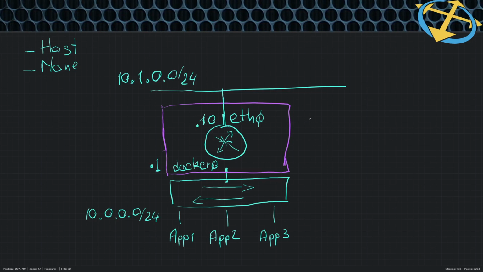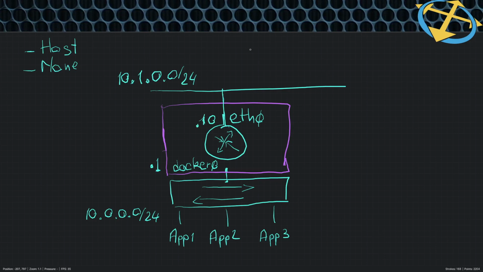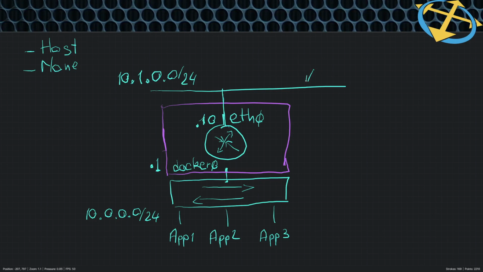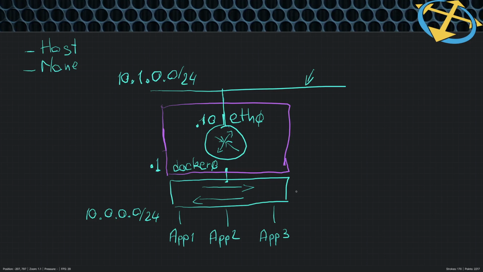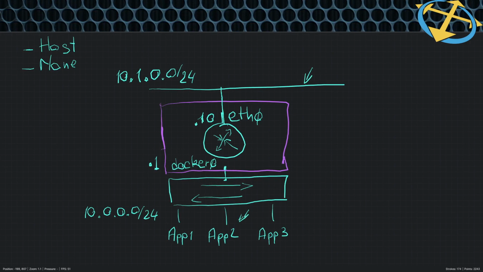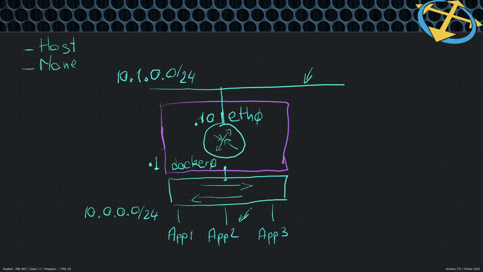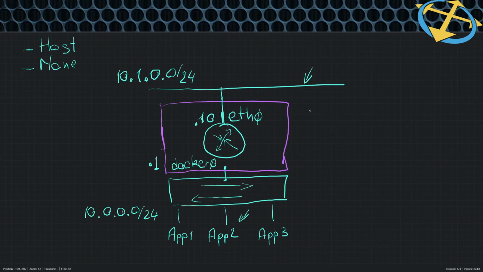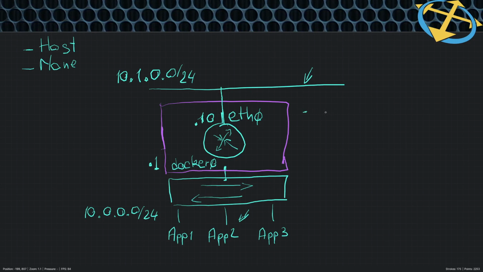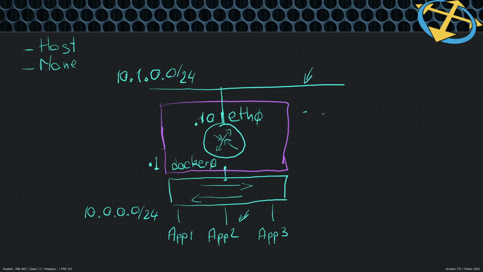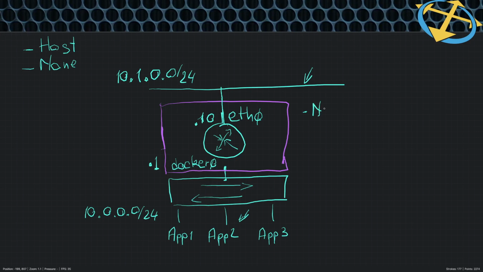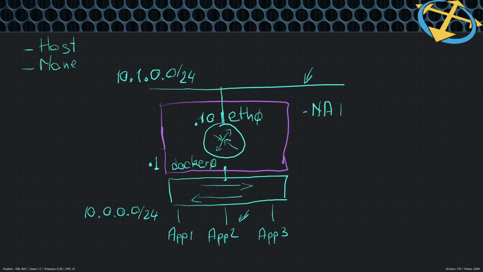Let's see now what the options are. My goal now is to forward or to get my traffic from this physical network to my container apps, and I have multiple options here. First one, the one that you know very well already, is the NATing, or port forwarding.